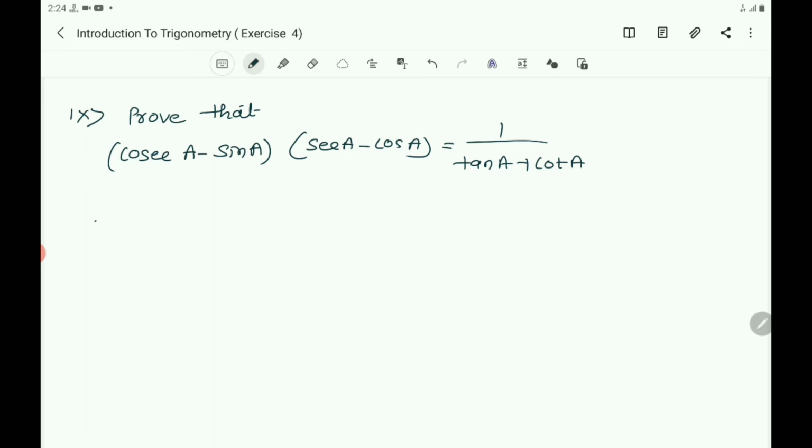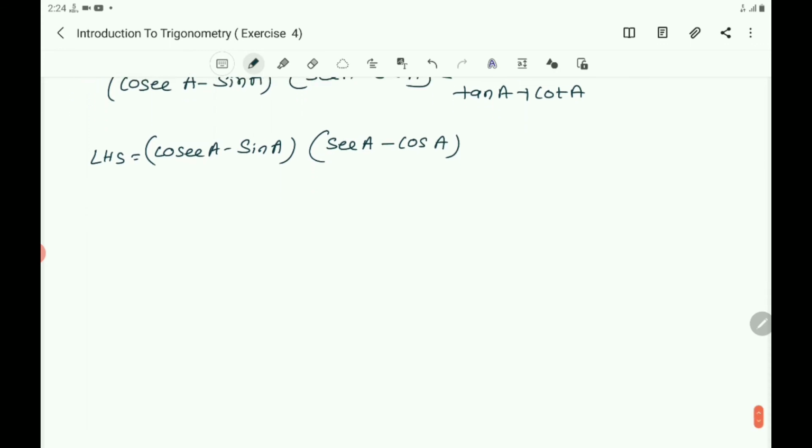Now you consider the LHS. LHS equals (cosec A minus sin A) into (secant A minus cos A). Then you express cosec A in terms of sin. You know that cosec A is the reciprocal of sin.